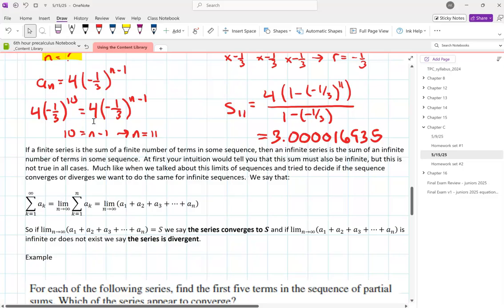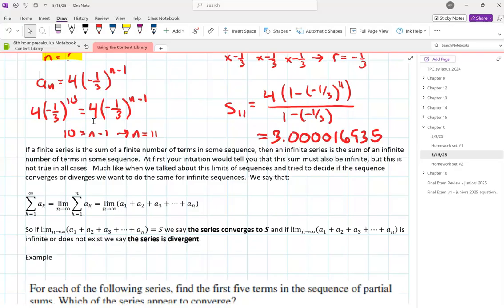So if we talk about an infinite sum, if we're adding up infinitely many terms of a sequence, we want to treat that just like finding the limit of a sequence. We're going to look at the partial sums, and the partial sums become terms in a new sequence that we can take the limit of.